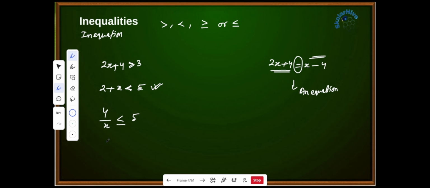Or, let's say, 4x squared plus 5 is greater than or equal to 7. Here the two expressions are compared with the greater than or equal to symbol. So this particular thing we call inequations.